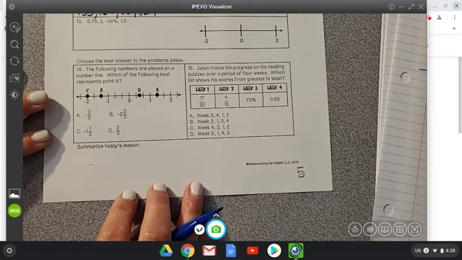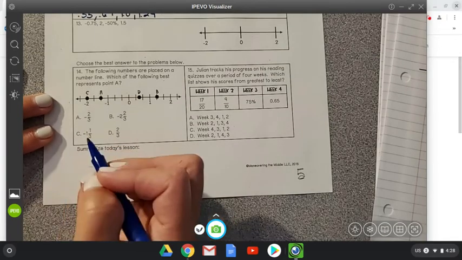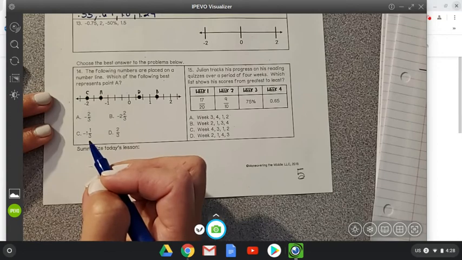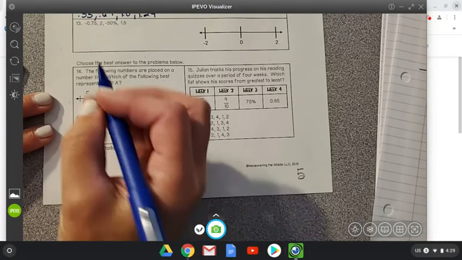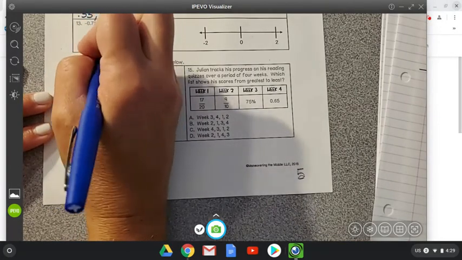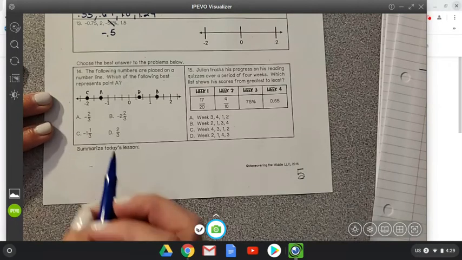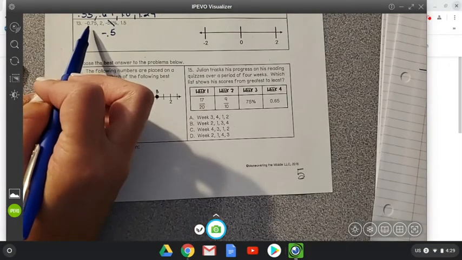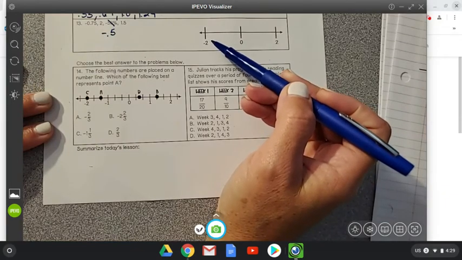All right, let's check number 13. Again, we're going to make these percents into decimals, and there's only one, and that's going to turn out to be negative 0.5 instead of negative 50%. Okay, so again, from least to greatest, the negative 0.75 is further to the left on this number line.